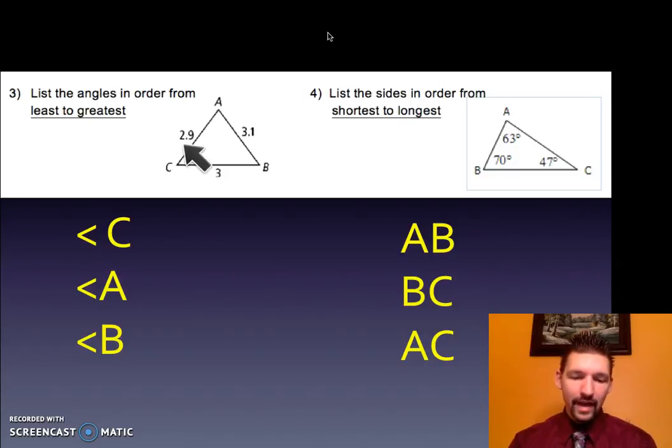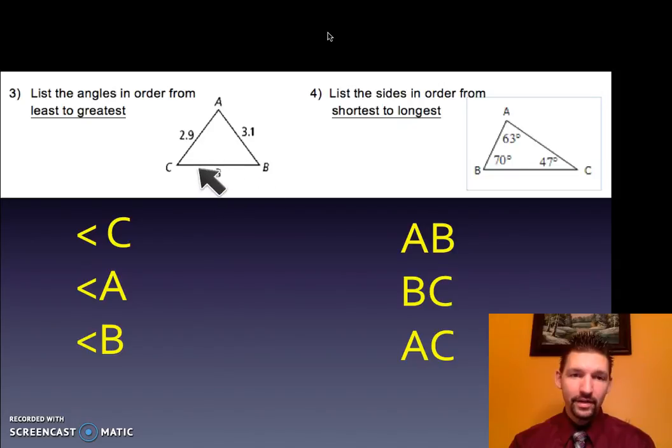So if we want to list the angles in order from least to greatest here, we can look at the side lengths. So we have 3, 3.1, and 2.9 as our side lengths. So if we want to go from least to greatest, so the smallest to the biggest, we look and say, okay, 2.9 is our smallest side, so that means that angle B should be our smallest angle.